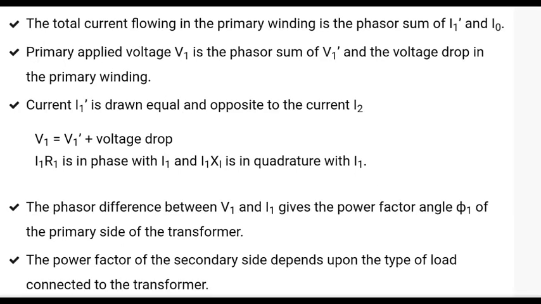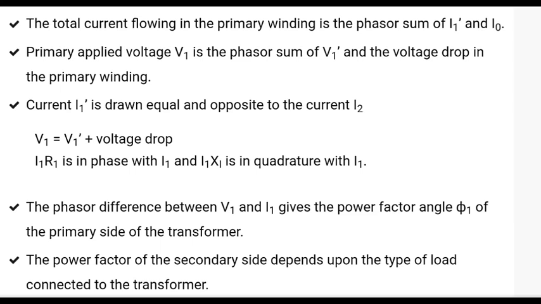The total current flowing in the primary winding is the phasor sum of I1' and I0. The primary applied voltage V1 is the phasor sum of V1' and the voltage drop in the primary winding. Current I1' is drawn equal and opposite to the current I2. V1 is equal to V1' plus the voltage drop. I1R1 is in phase with I1 and I1X1 is in quadrature with I1.